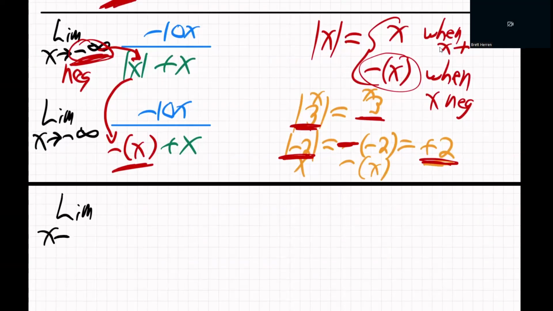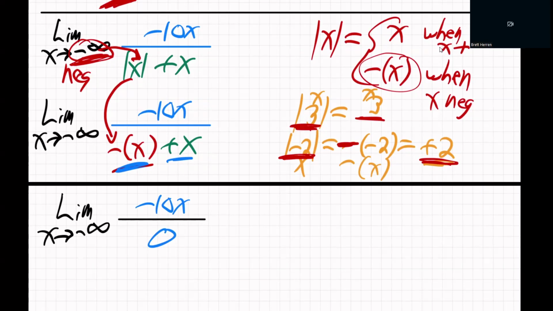So then that is going to be, trying to keep all the colors here, negative x plus x, that's 0. So right there, it's just going to cancel out.